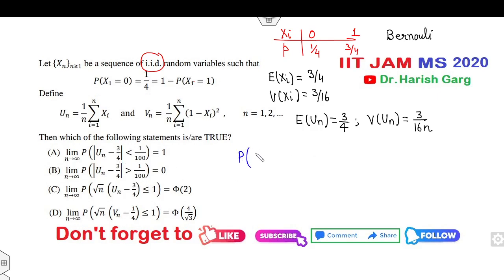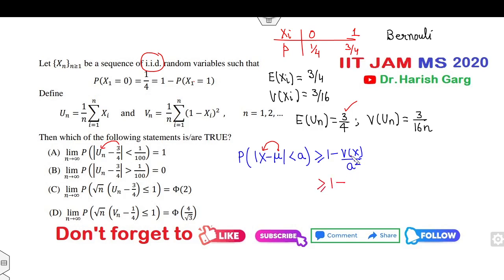So probability of modulus x minus mu is less than a. By using the Chebyshev inequality, it is 1 minus variance of x divided by a square. But make sure mu is the mean of the x. So is the 3 by 4 the mean of the Un? Yes. So I can apply it directly.